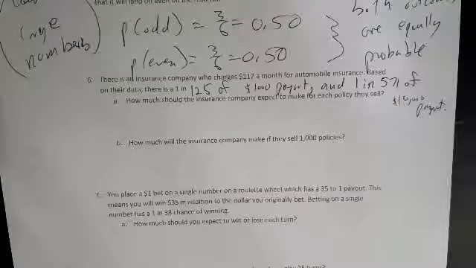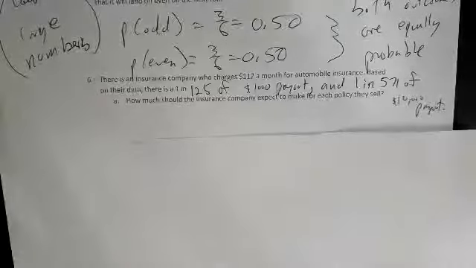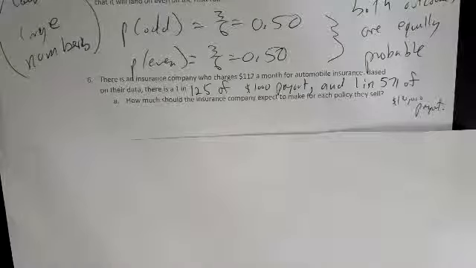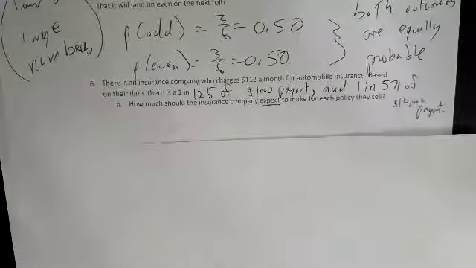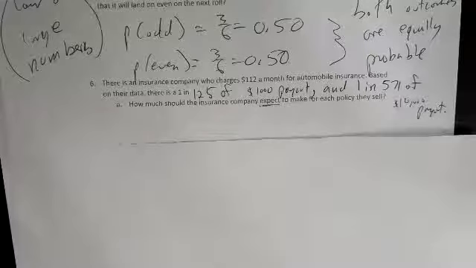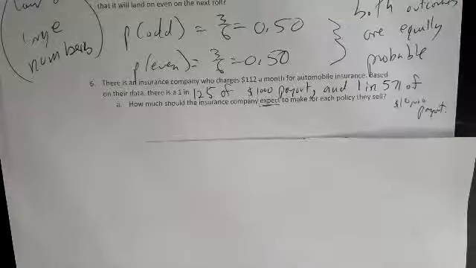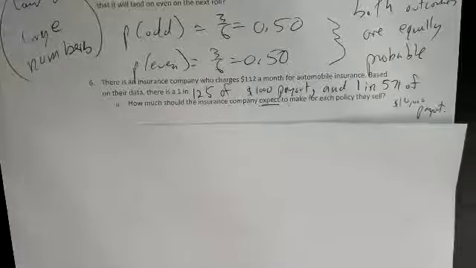All right. And we are trying to figure this out from the insurance company's point of view. I want to find how much they should expect to make. The keyword here is probably this word. What am I looking for here? Do you remember what it's called? Expected value. The expected value of this game, the game called insurance, right?